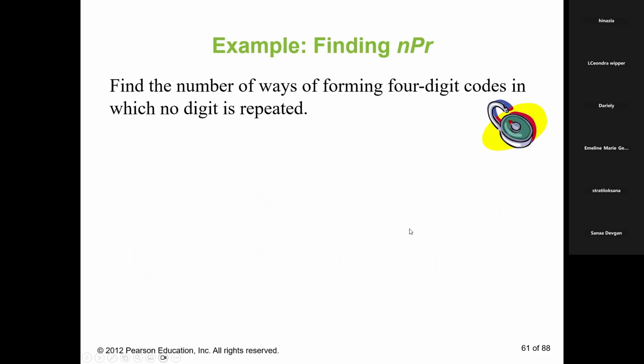So a 4-digit code can be 1, 3, 5, 7. It's a 4-digit code. Make sense? Because it said no digit is repeated, it can be 3, 0, 4, 5. Got it?